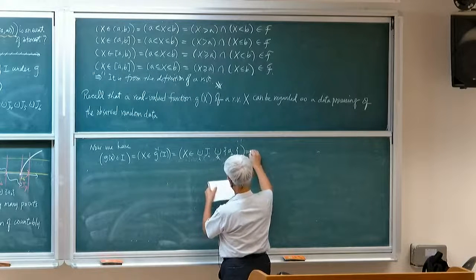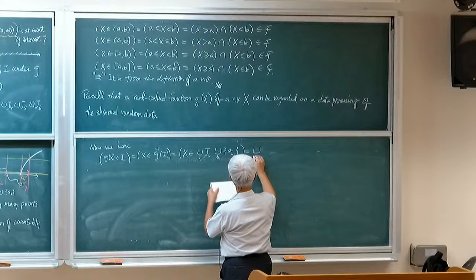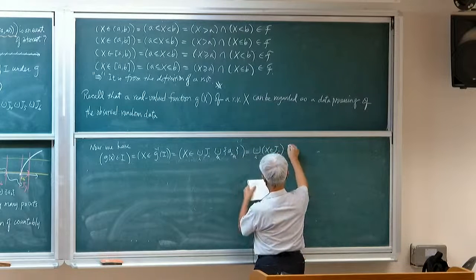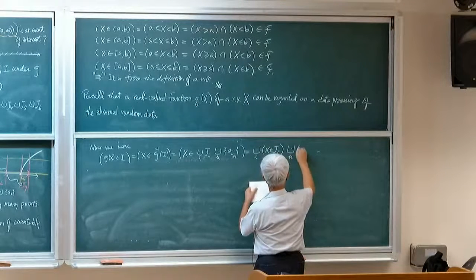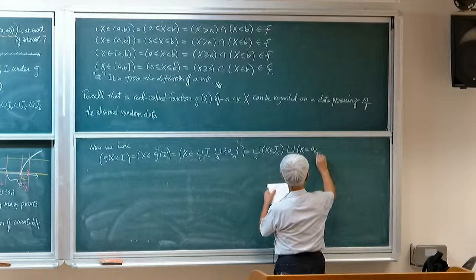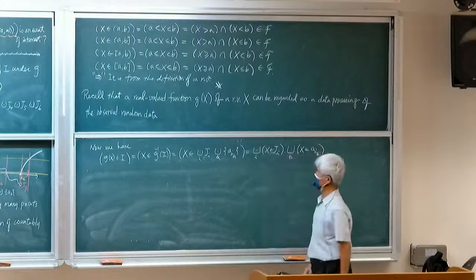And this is equal to the disjoint union of x in J_i and the disjoint union of x equal to a_{ik}.